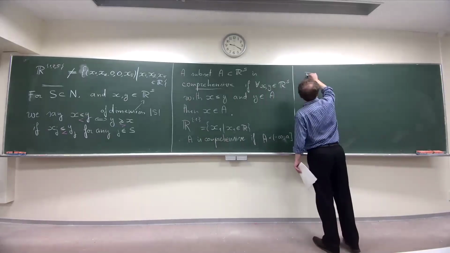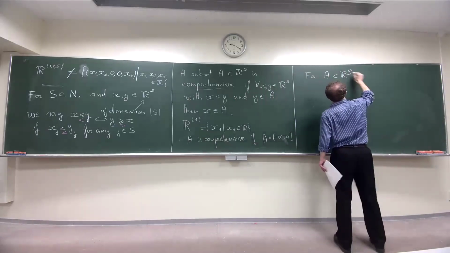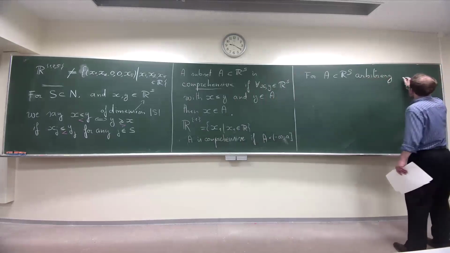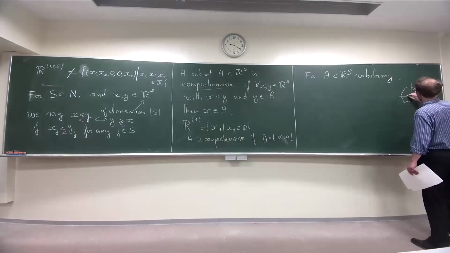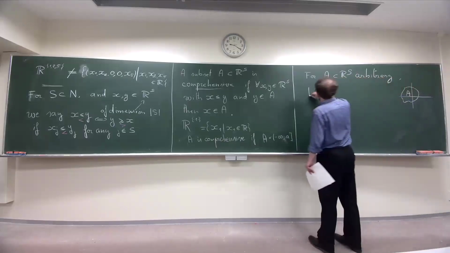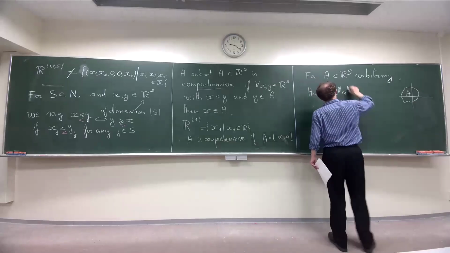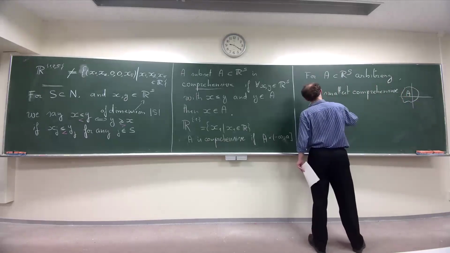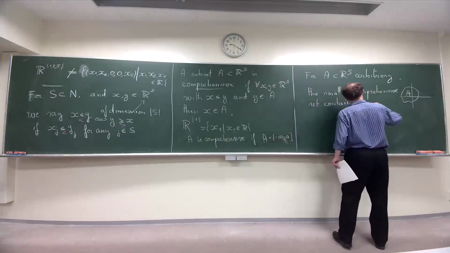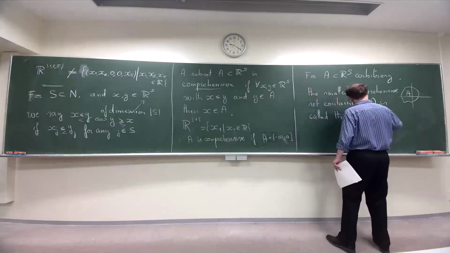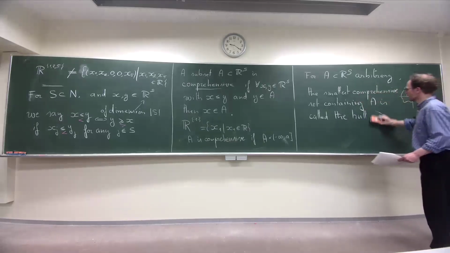And now if you take A inside R^S arbitrary, let's say in R^2, you take an arbitrary set A, you can construct the smallest comprehensive set containing A. This is a general notion, called the comprehensive hull.